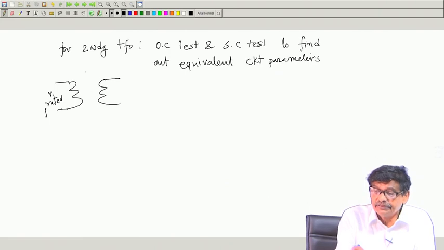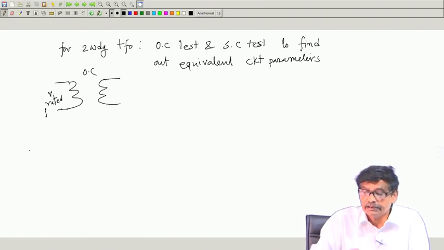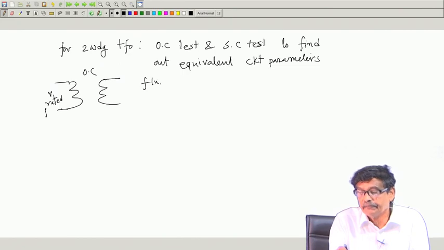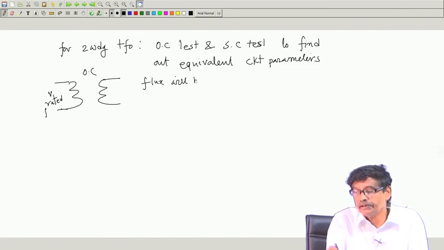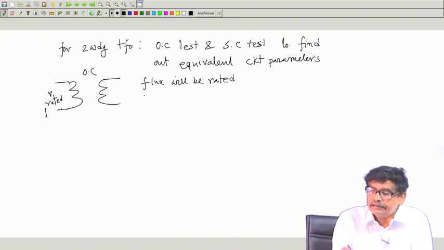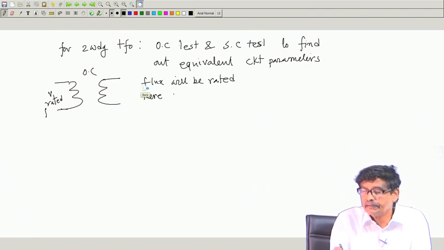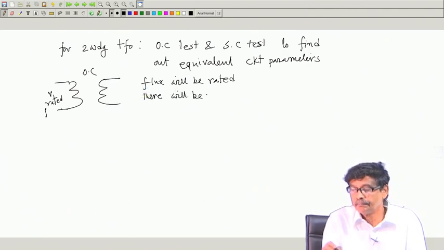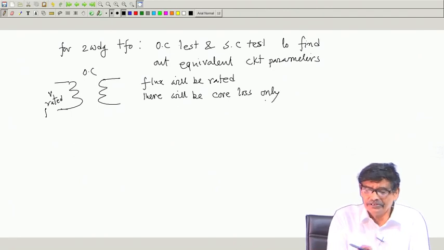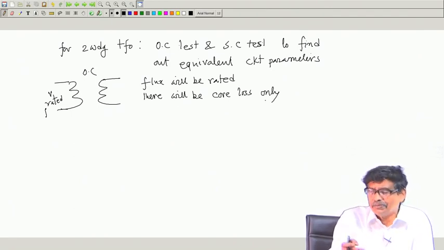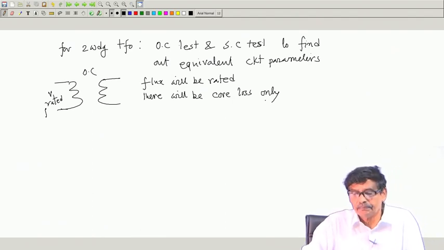So, for this open circuit test, when you connect like that, flux will be rated, and there will be core loss only, because the copper loss is negligibly small, secondary winding is not carrying any current and primary current is only 2 to 5%. So, only core loss takes place during open circuit test.